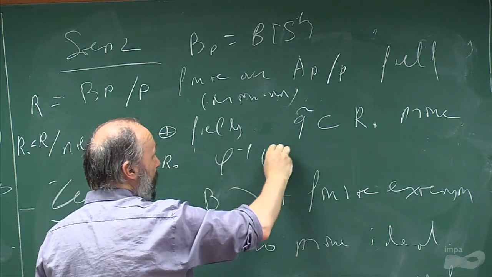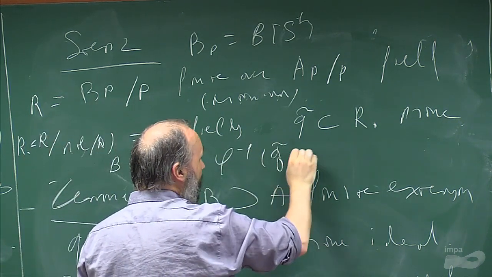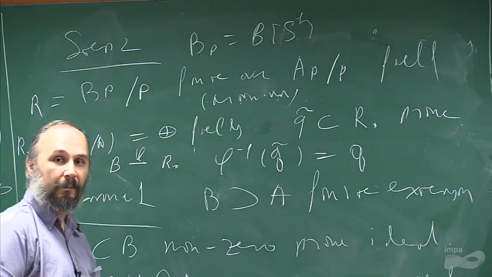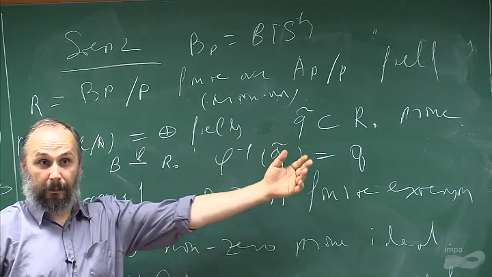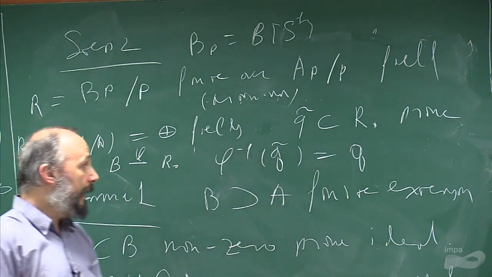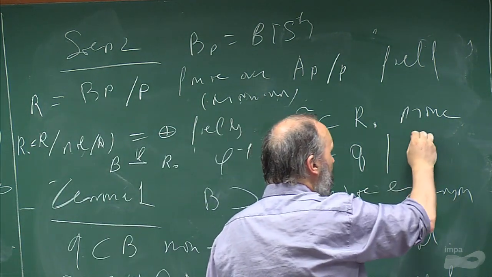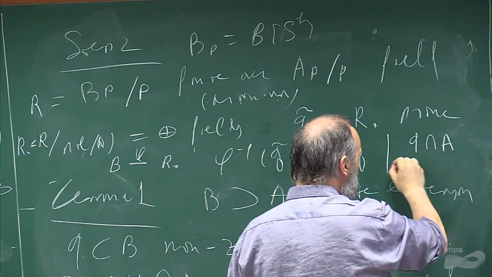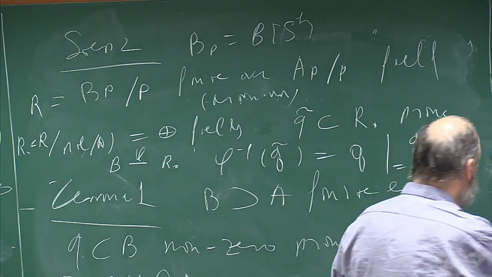Phi^{-1} of Q bar, Q tilde is Q. This is a prime ideal, because the preimage of a prime ideal is always prime. And then Q intersected with A is precisely the kernel of this map psi.